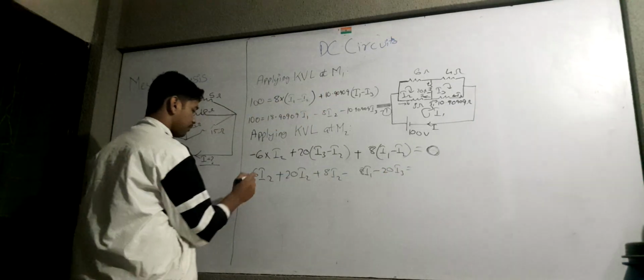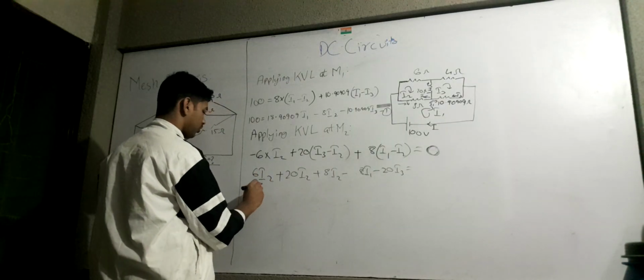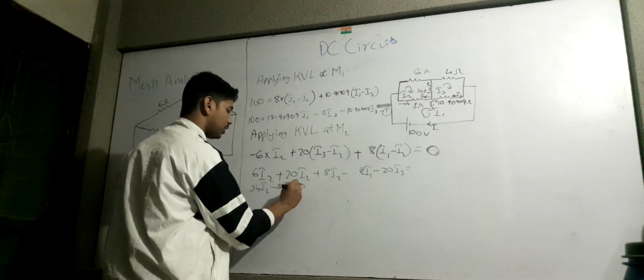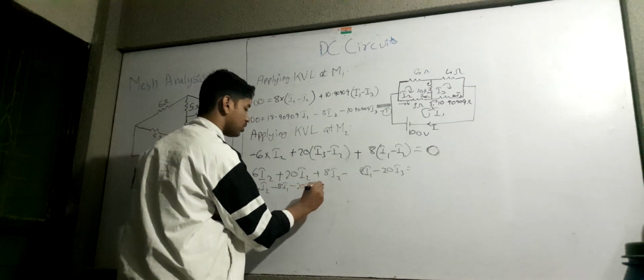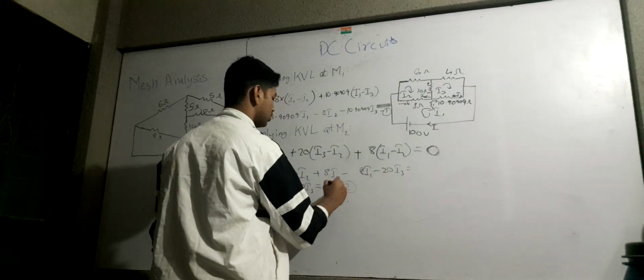That would give me 6 plus 20 plus 8, that is 34I2 minus 8I1 minus 20I3 equal to 0. That would be our equation 2.